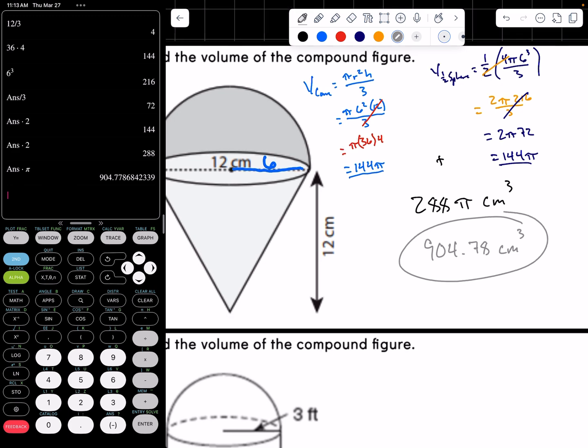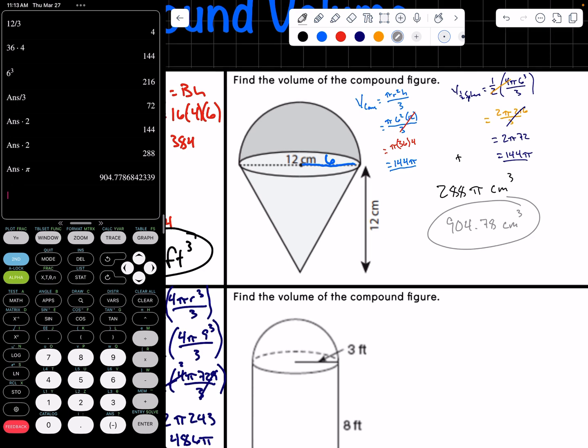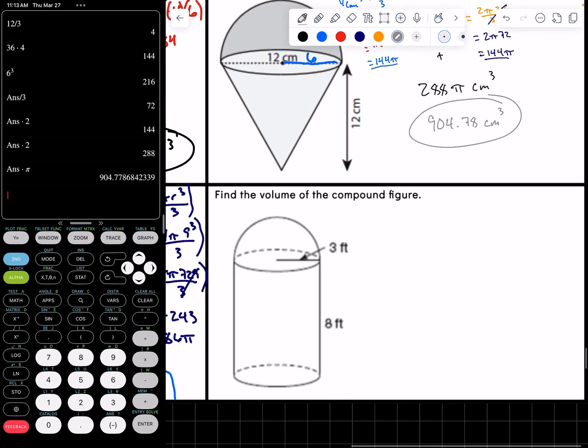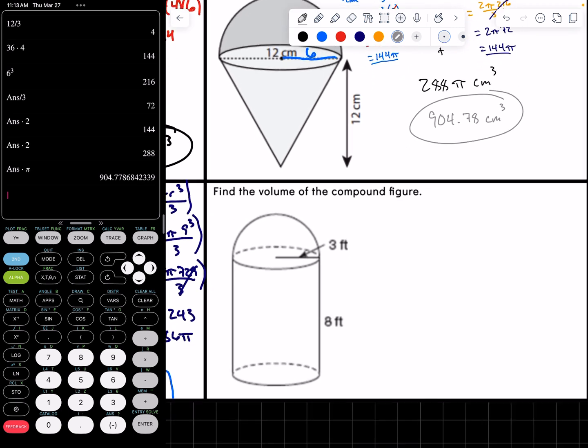So again, not terribly difficult. We're just doing what we did last class on the last set of slides in finding all these individual three-dimensional figures and then adding them up. The biggest change is that half a sphere. We're just taking the original volume and then dividing it by 2.